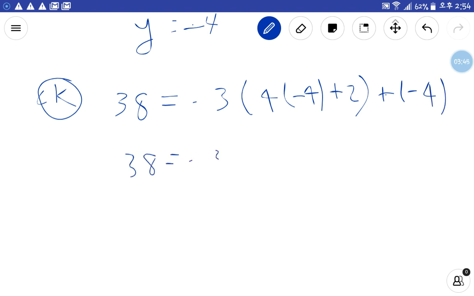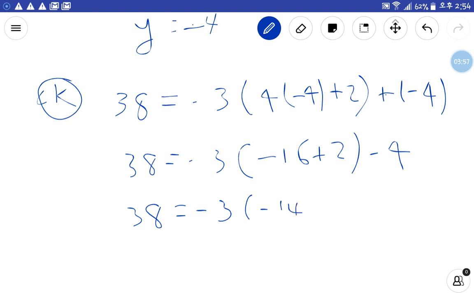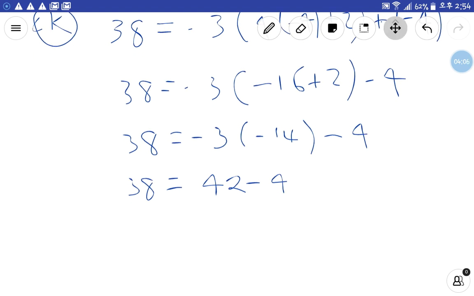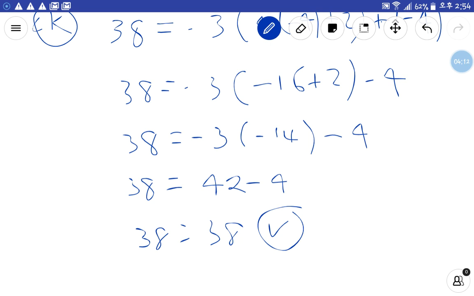So negative 3 parentheses, negative 16 plus 2, close it, minus 4. So 38 should be equivalent to negative 3 times negative 14 minus 4. 38 equals positive 42 minus 4. Is it 38 on your right side? Yes, it is. So I can check that my answer is correct.